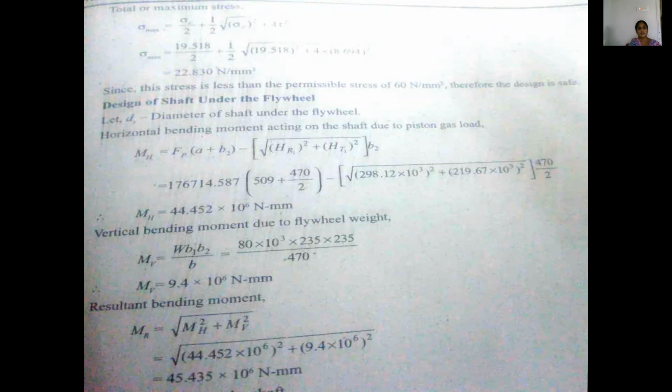Sigma max is equal to sigma c by 2 plus half into root of sigma c whole square plus 4 tau square. You will get the maximum stress, 22.80. Since the stress is less than the permissible stress of 60 Newton per mm square, therefore the design is safe. We can go to the next procedure.